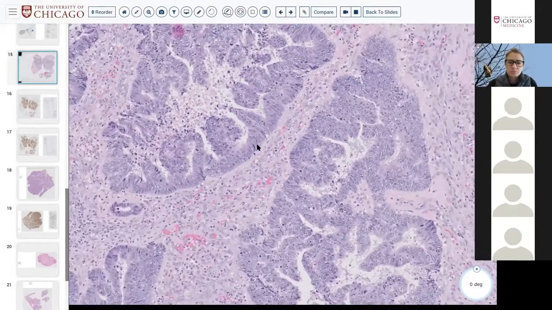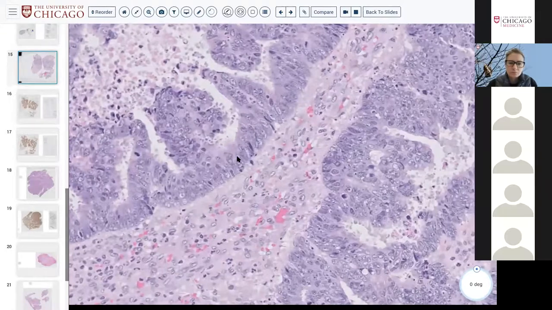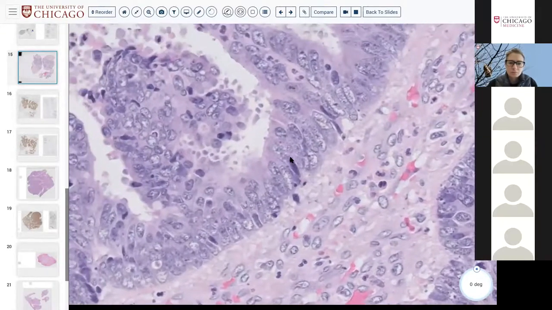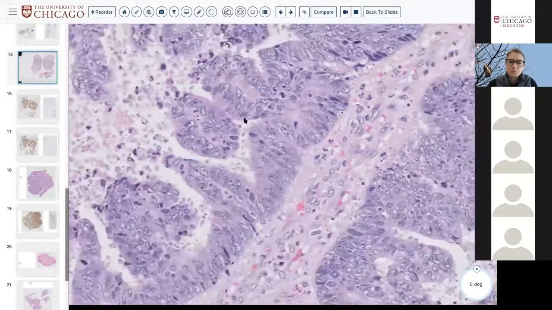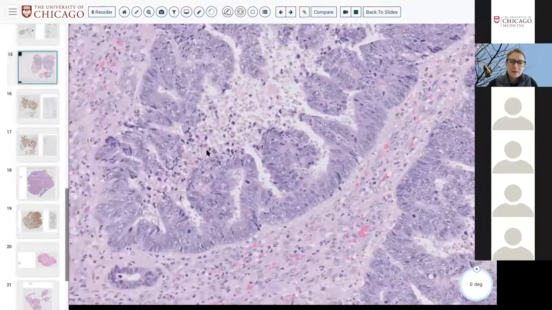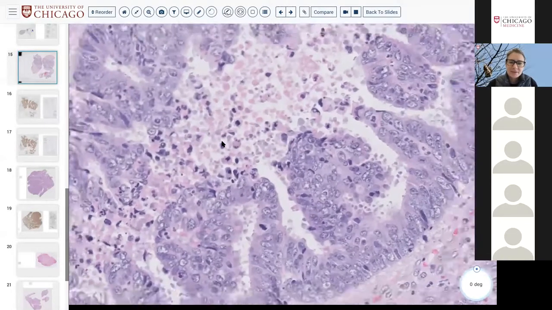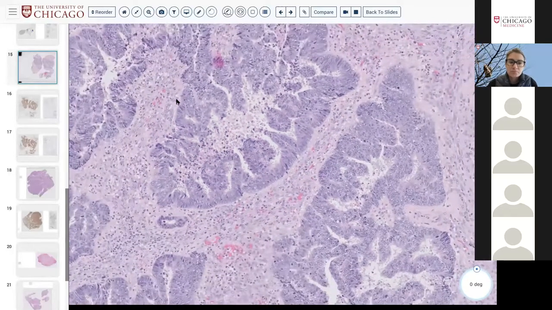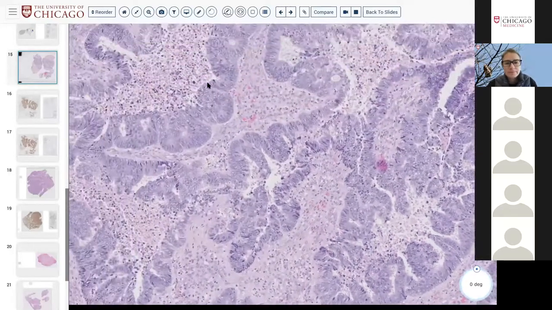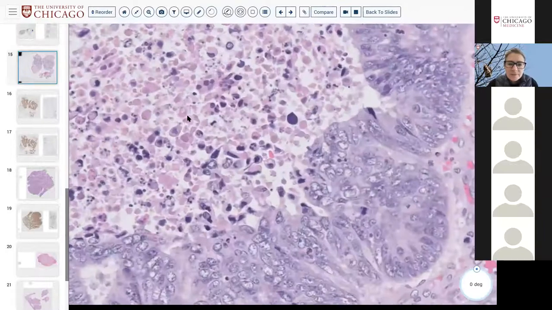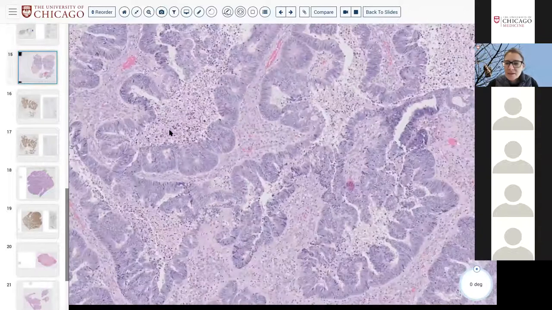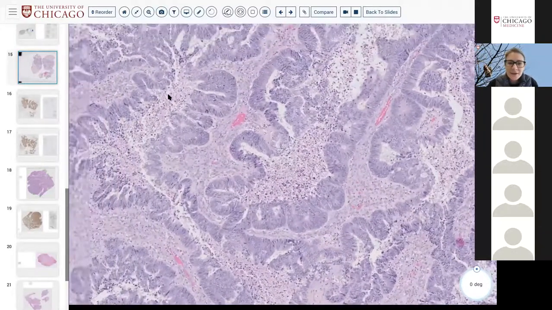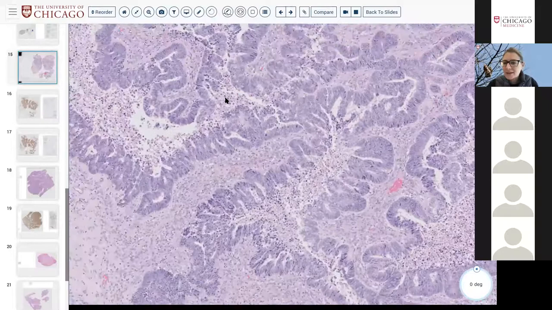Some of the cells I can see nucleoli. Anything about this material in the center? Is that mucinous material? Well, something is in the center of these glands, right?